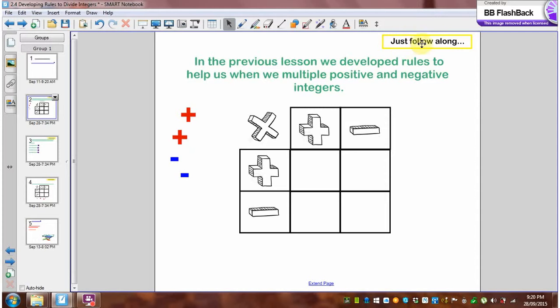Okay, so just follow along for right now. In the previous lesson, we developed rules to help us when we multiply positive and negative integers. So we said if we multiply a positive number times a positive number, so we have same signs, the answer is going to be a positive answer.